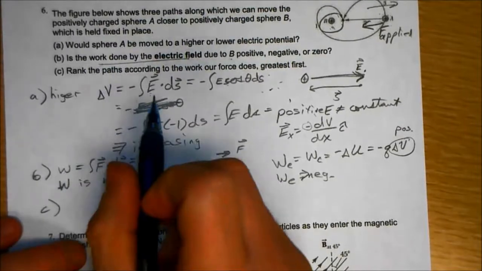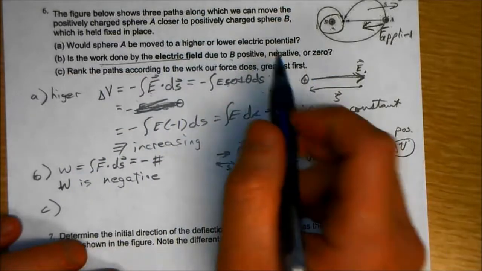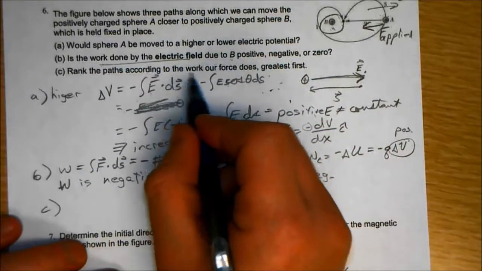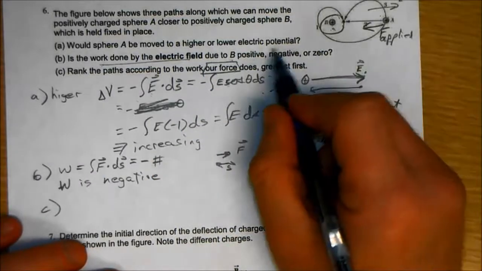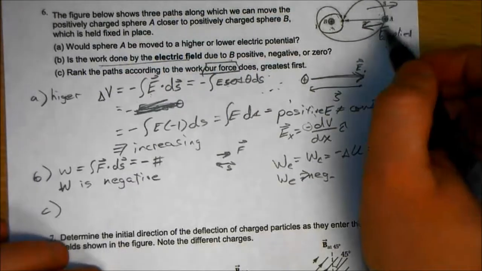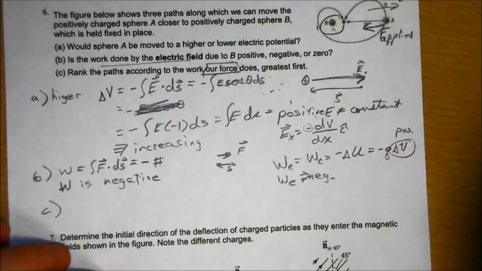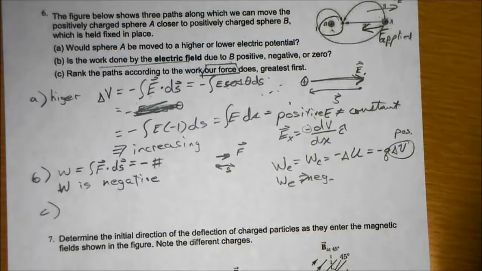C, rank the paths according to the work our force does. The work the force applied does, from greatest, well, it doesn't matter because work is path independent.